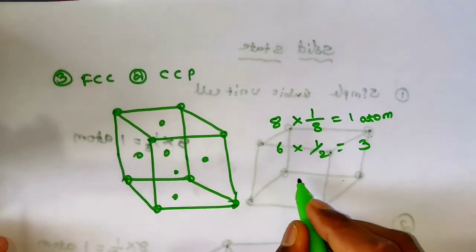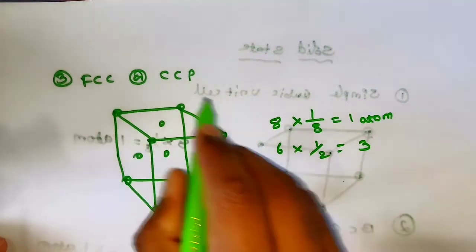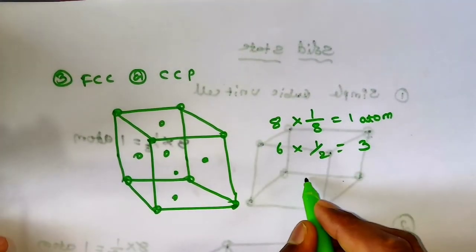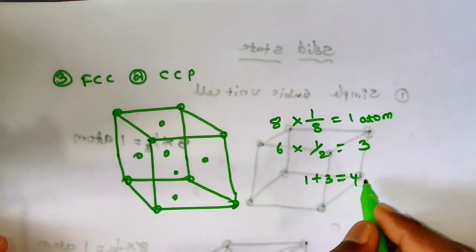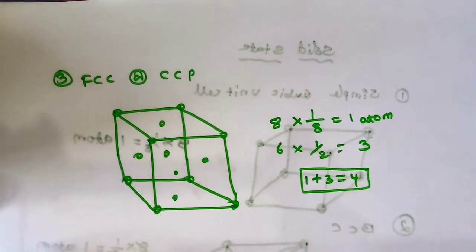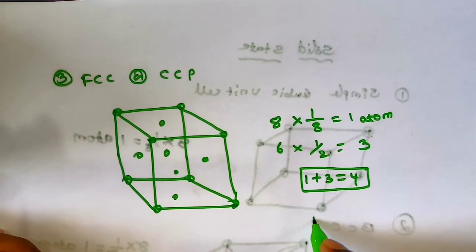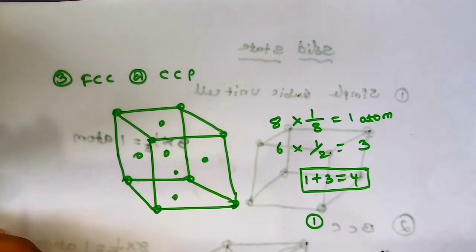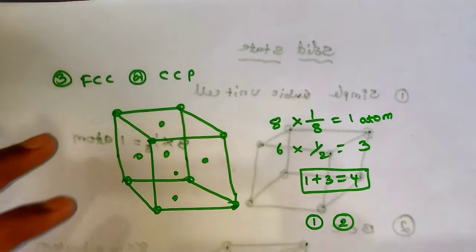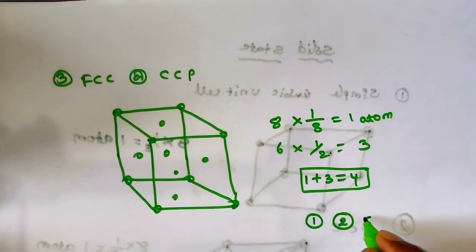Hence the total number of atoms present in this unit cell will be 1 plus 3, that is equal to 4. So in the simple cubic unit cell, the number of atoms present in the unit cell is 1. In the body centered cubic unit cell, it is 2, and in FCC it will be 4.